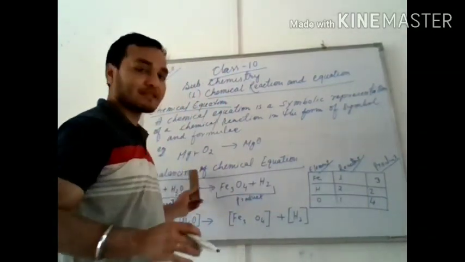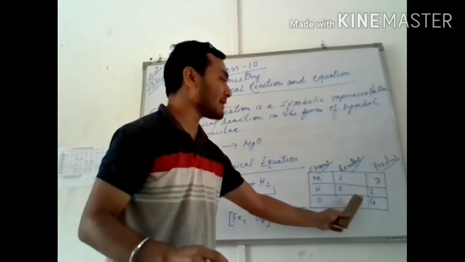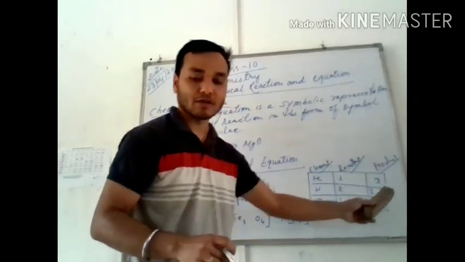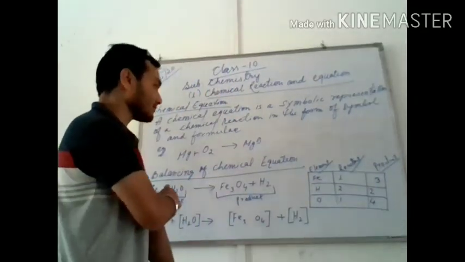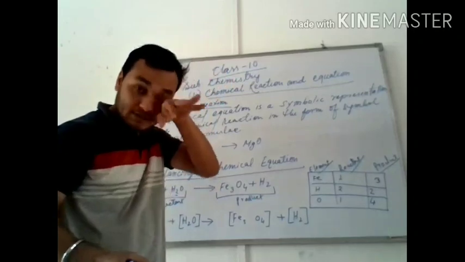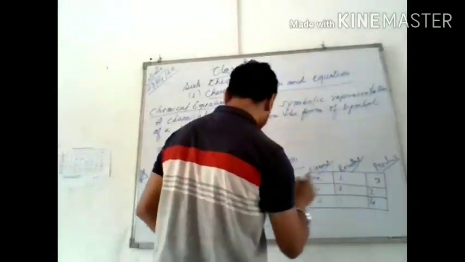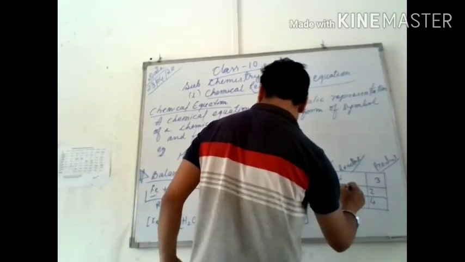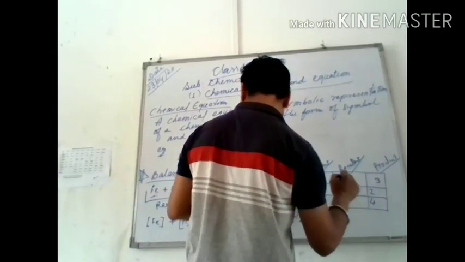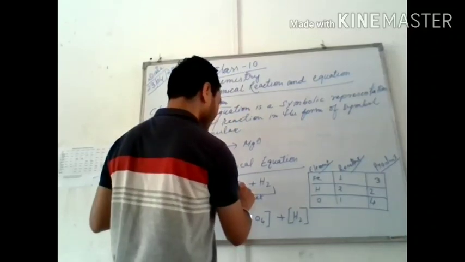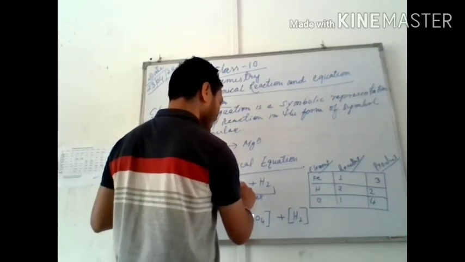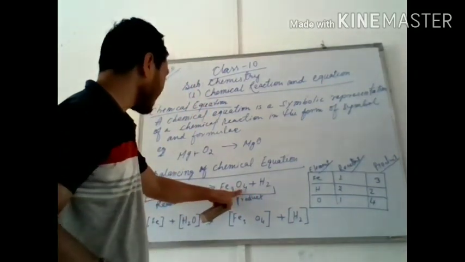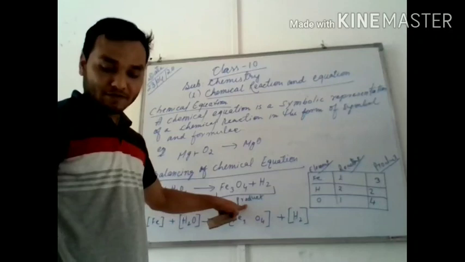What is balancing a chemical equation? Balancing means we have to make the number of atoms equal in both the reactant and the product. So how do we make both sides equal? In the oxygen of the reactant, there is 1, and in the product there is 4.